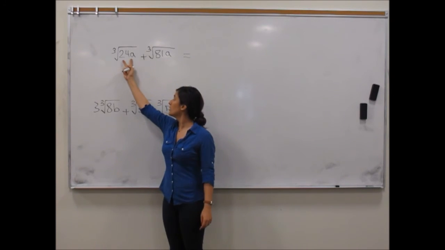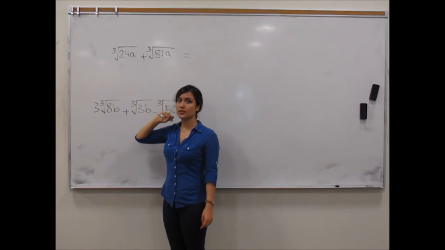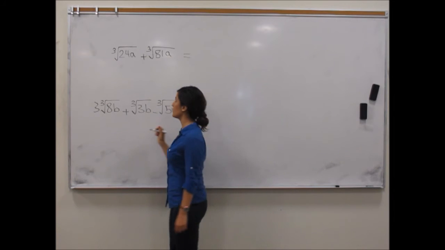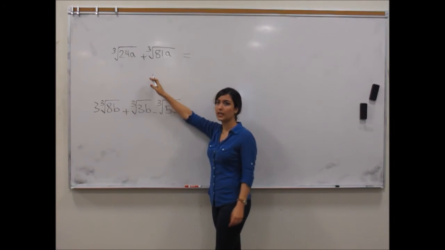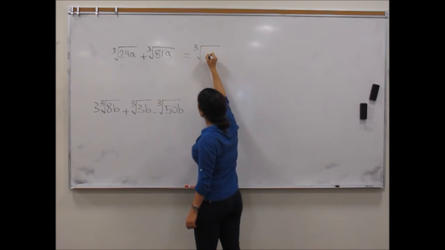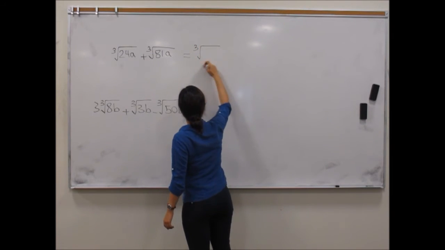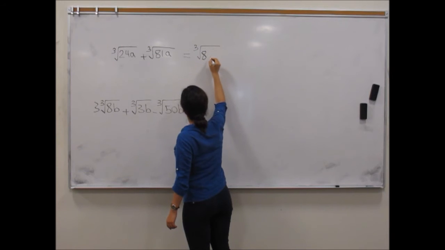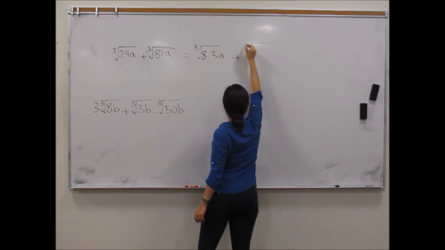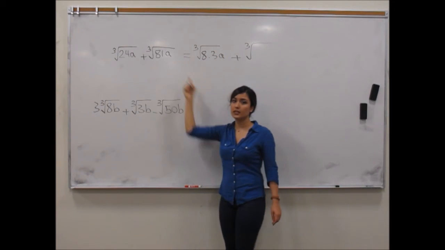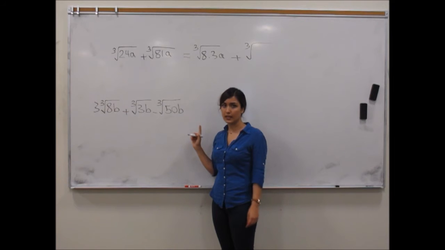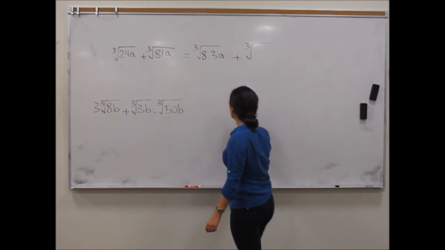In 24, the largest perfect cube is 8. So if I divide 24 by 8, I would get 3. So I can write it as cube root of 8 times 3a plus cube root of, in 81, the largest perfect cube is 27, so I can rewrite 81 as 27 times 3.